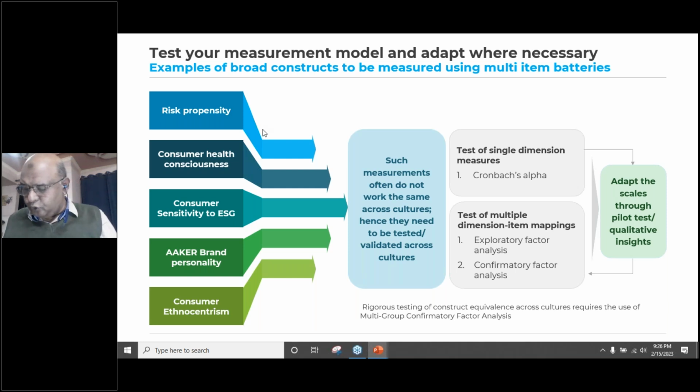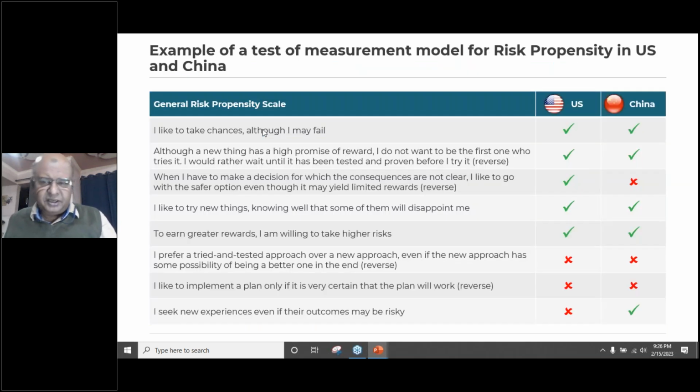Moving forward to an example of this. There is a 5-item risk propensity scale that was established in the US, which was tested by a group of researchers in China using 3 different stakeholder groups. The US scale is measured using those 5 items with green tick marks. For example, I would like to take chances, although I may fail; to earn greater rewards, I'm willing to take higher risks.